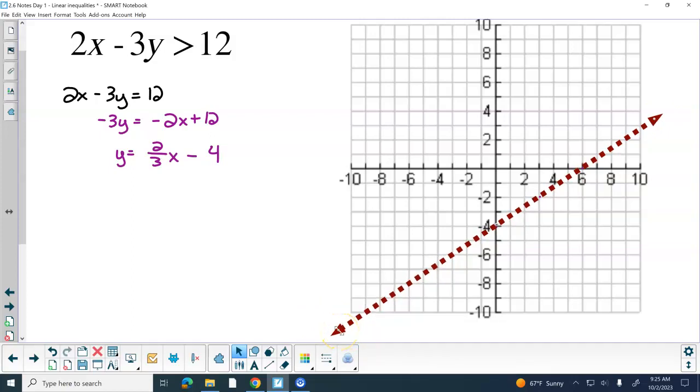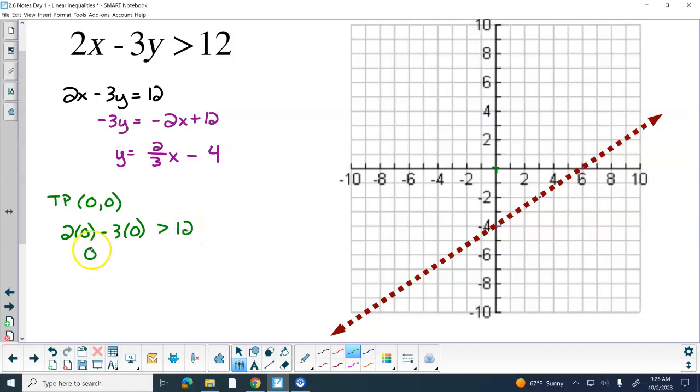Did I go through the origin? No, so I'm going to use that as my test point. Two times 0 minus 3 times 0 greater than 12. 0 minus 0 is 0.